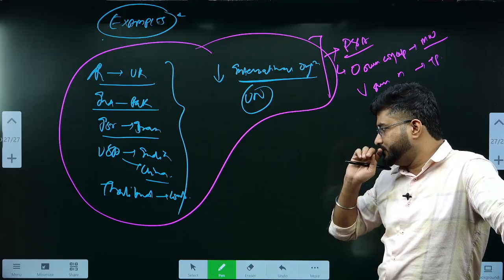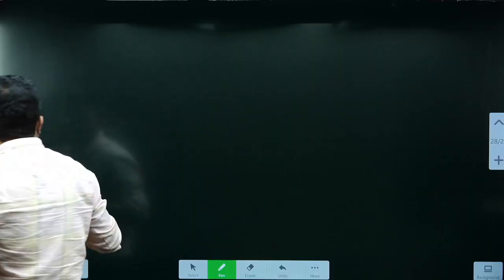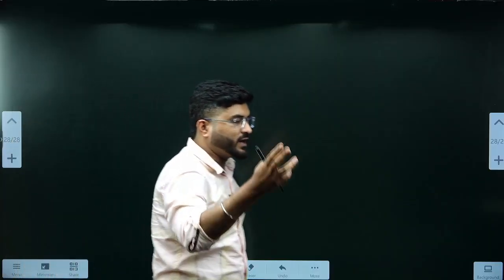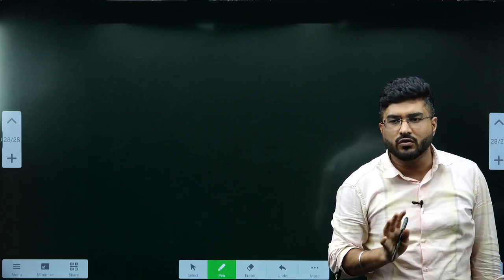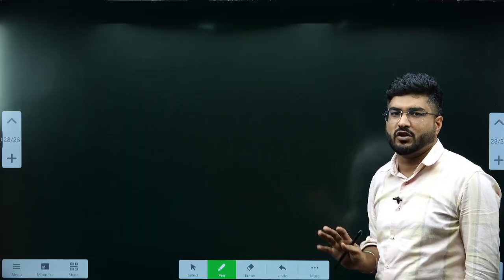Now, another part: always try to find out from the PYQs themselves what kind of integration can be made for analyzing future prospects or future questions by UPSC.